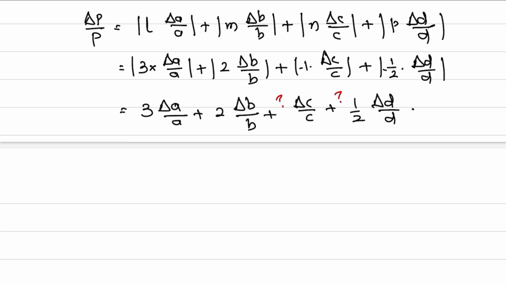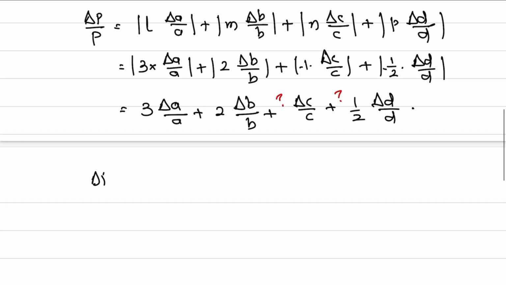Now, the answer will be delta P by P. Here, percentages are given. We will convert them into the values. 3 into 1% is 0.01 plus 2 into, what is the percentage given for B?